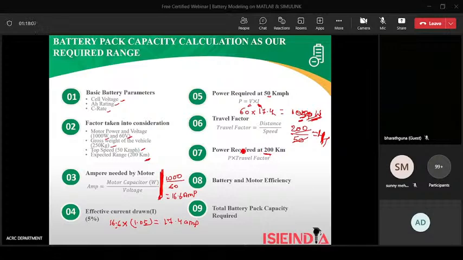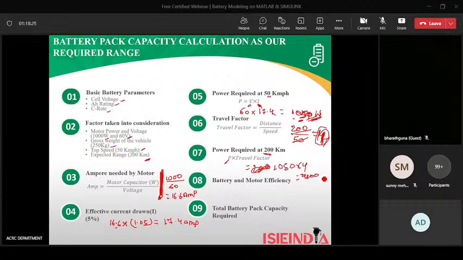So for the power required to travel 200 kilometers, I will simply multiply this power 1050 with the travel factor which I calculated here. It will be around 4 kilowatt.